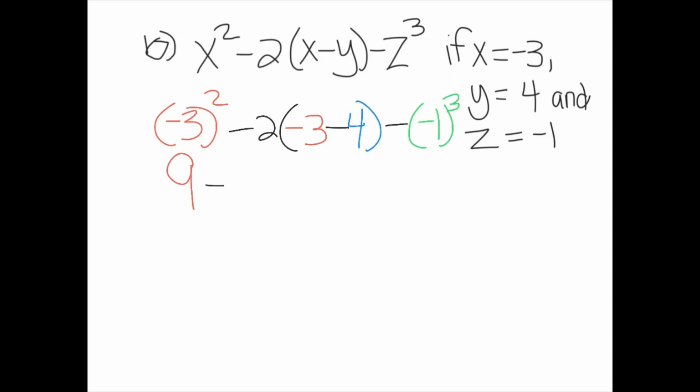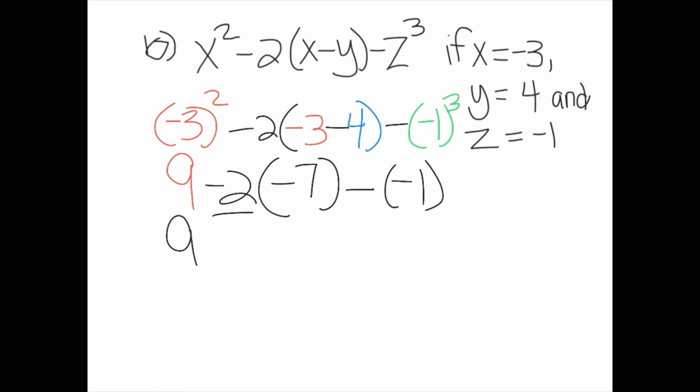Then negative 2 times, what's negative 3 minus 4? That's negative 7, minus negative 1 times negative 1 times negative 1, which is negative 1. So negative 2 times negative 7 is positive 14, and minus negative 1 is plus 1. Adding those together, 9 and 1 is 10, plus 14 is 24.